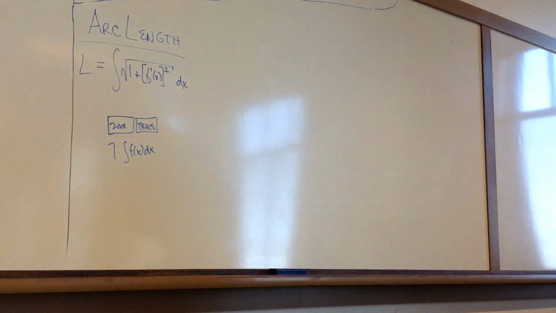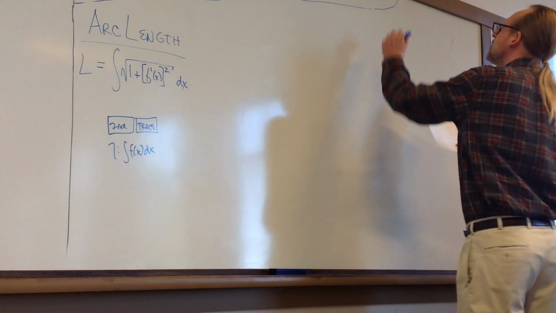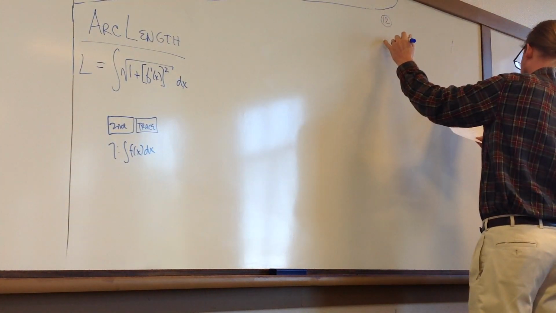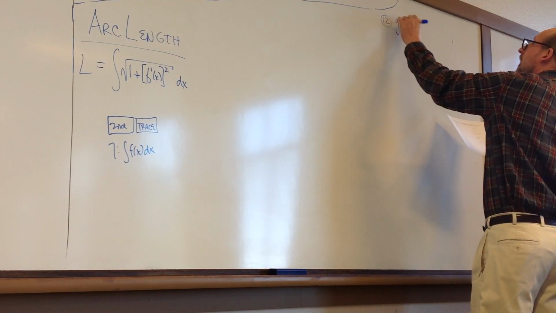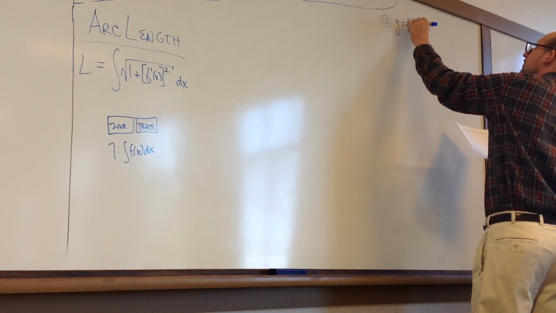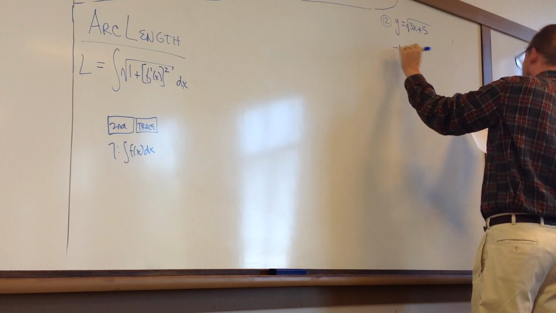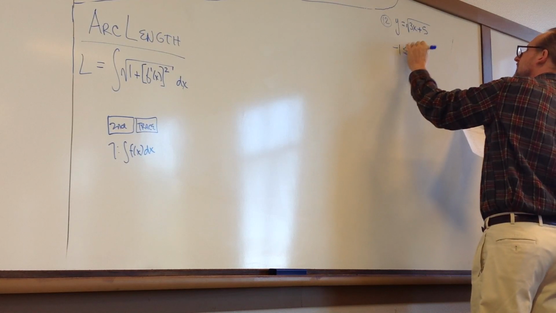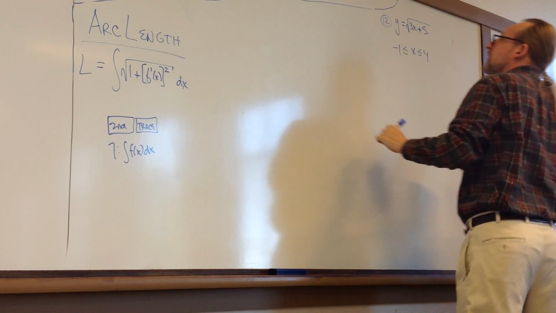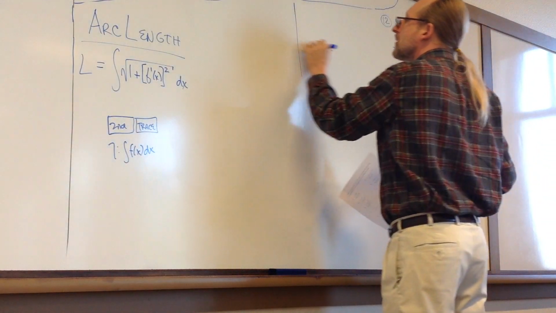Okay, let's see here. Problem 12, we've got a square root as our function. So let's see what this looks like. y equals square root of 3x plus 5, and we want to find the length of the curve between -1 and +4.